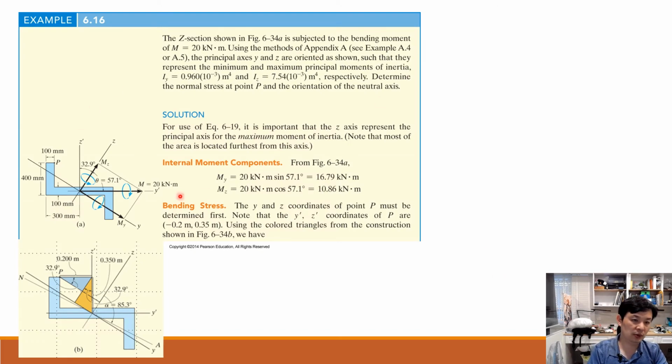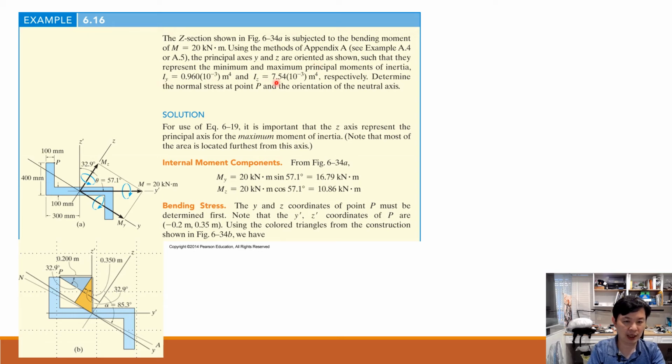Here's one example to see how we can deal with this kind of unsymmetric cross-section for a bending moment M, like this, 20 kilonewton meters. Using the method we mentioned in Appendix A, we call it the Mohr circle method, the principal axes y and z are determined, just like this one, and the angle 32.9 degrees has been derived directly for this problem, so you don't need to worry about that anymore.